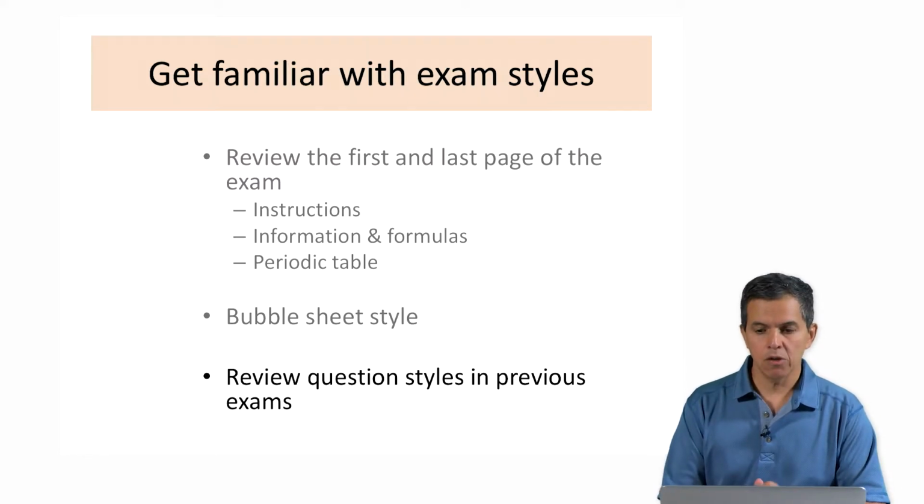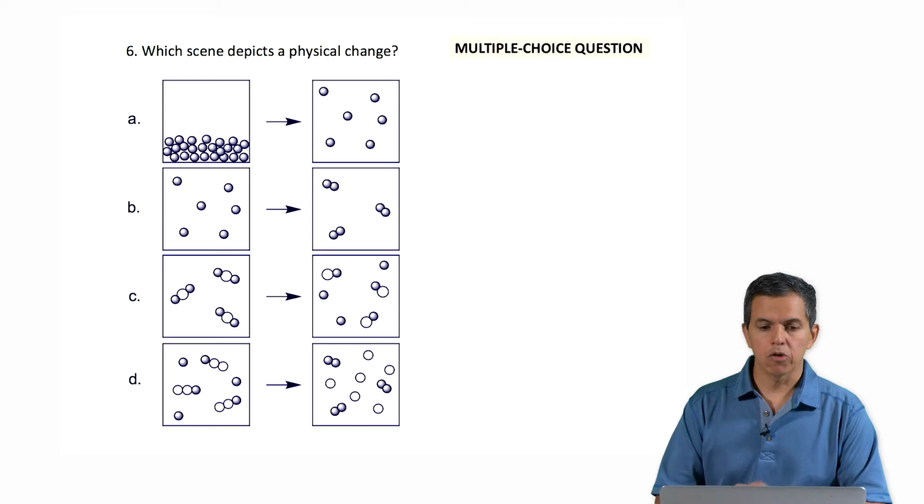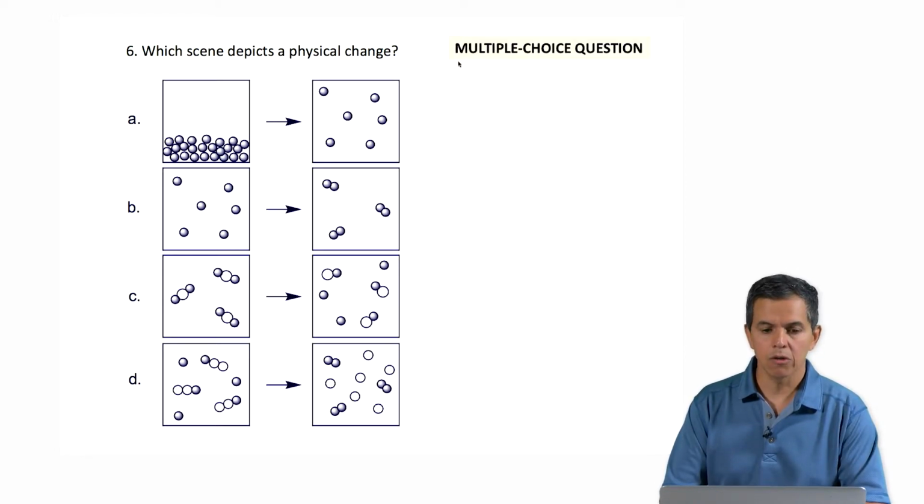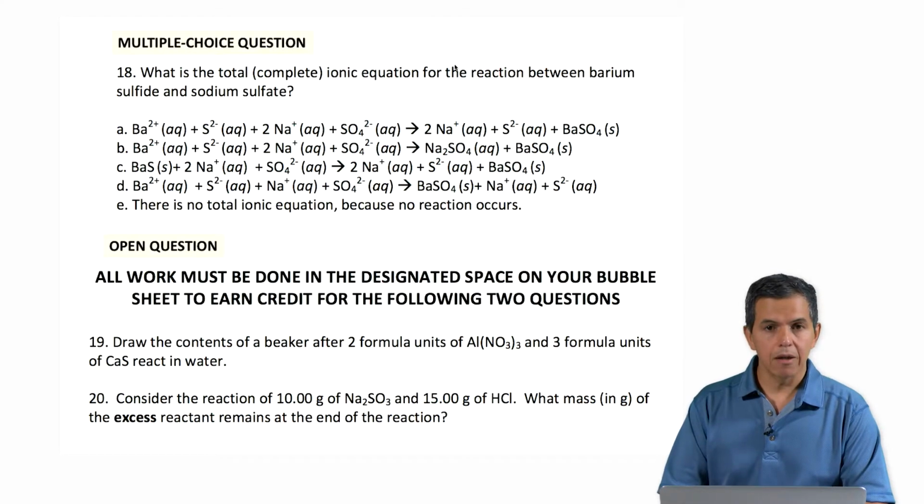Some examples of these questions are indeed multiple choice questions that require not only the calculations that you might be having practice doing in the course already, but some questions that relate to molecular depictions or atomic depictions, such as this question that is shown here, which is from a previous test. Other multiple choice questions are related to chemical reactions and applying concepts, like in this particular example, this tests the concept of ionic equation, a total ionic equation.